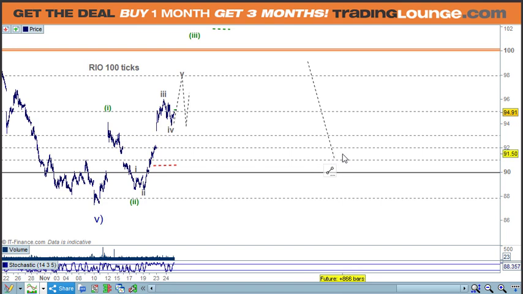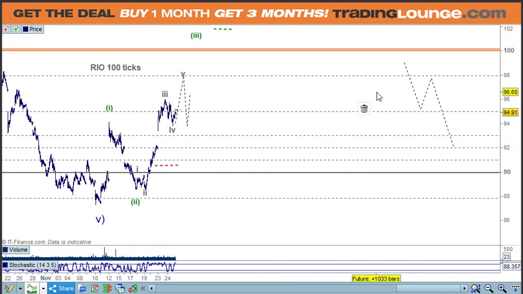CBA is in its first little leg to the downside, but these resources still need to come up to wave B in a lot of cases, and then maybe have another leg down. So we're just trading this leg up here. They could continue, we'll see about that, but CBA has come down for its first leg, and it's got the second leg and the third leg still to come down. So we'll see if they move together or they don't.